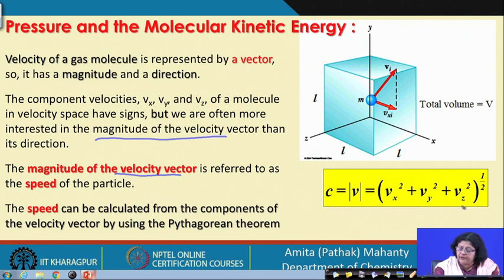So the c which we are calling speed is also known as the root mean square velocity or root mean square speed. So, what is actually happening?